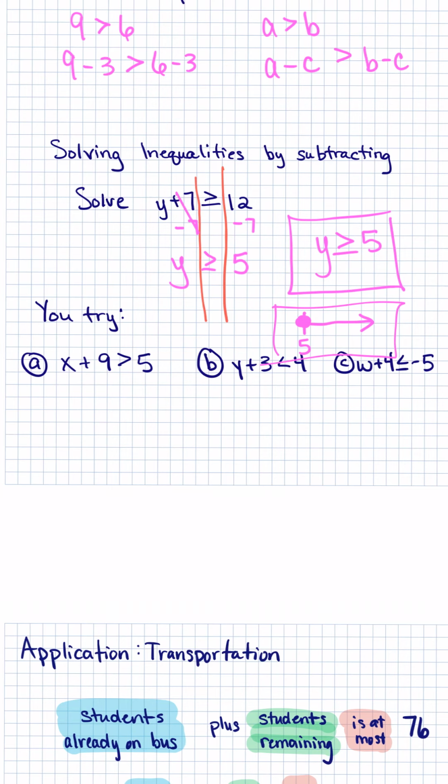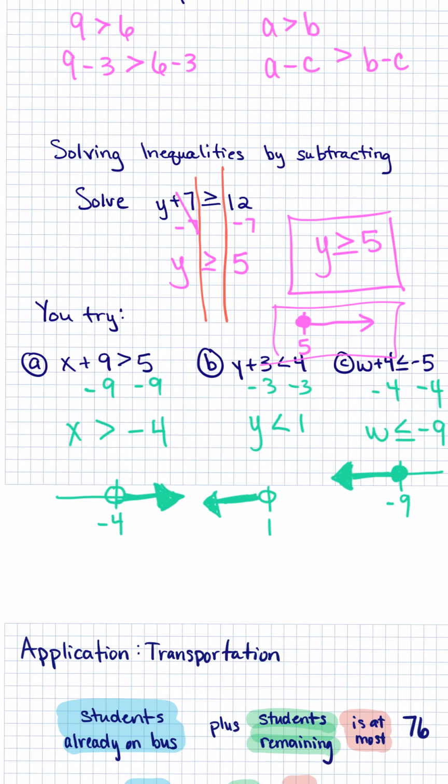Go ahead and do the next 3 and check back in. Okay, so you should have got x is greater than -4, open circle when you're graphing it. y is less than 1, open circle. w is less than or equal to -9, so therefore it's a closed circle. Awesome.